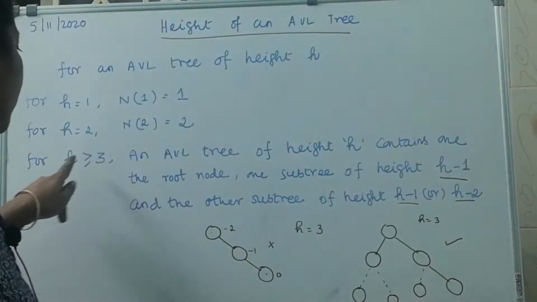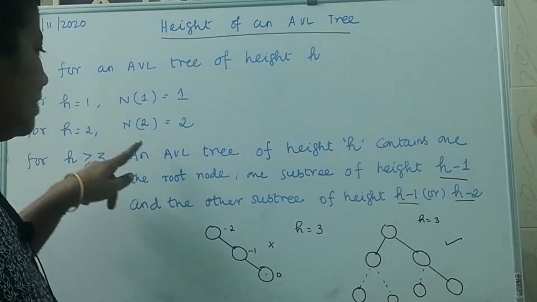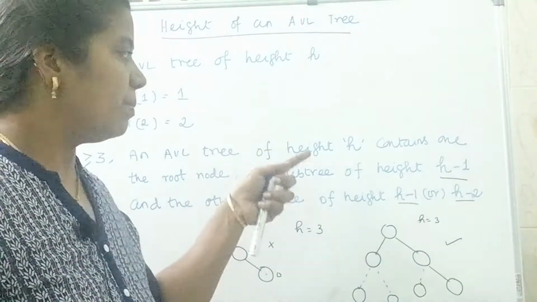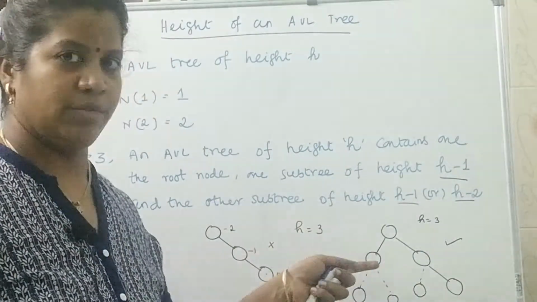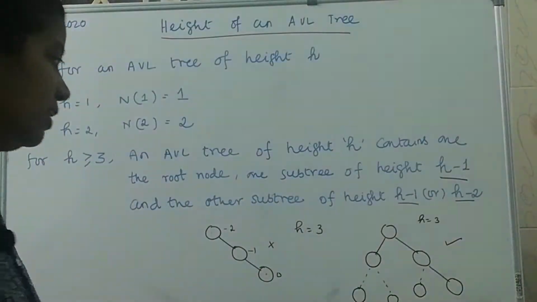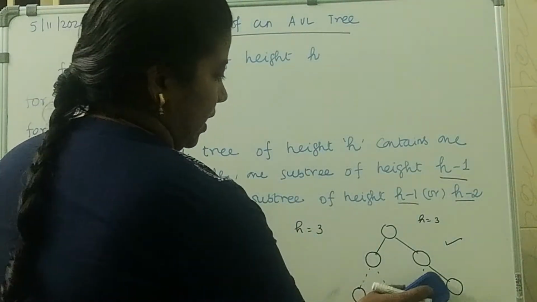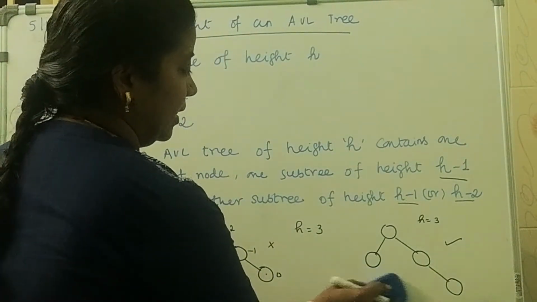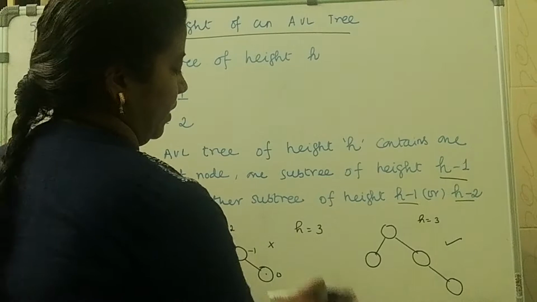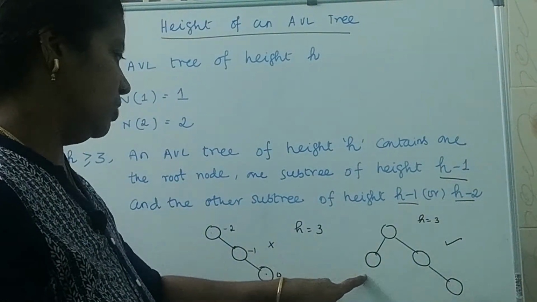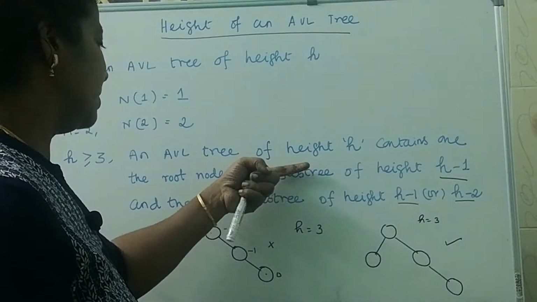According to our definition, n of h, you recall, is the minimum number of nodes that it should have. So you pick an AVL tree which has the minimum number of nodes, and the minimum number possible is only this. Now let us generalize from this statement.